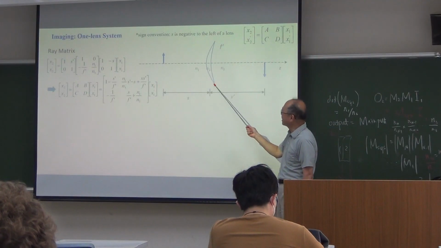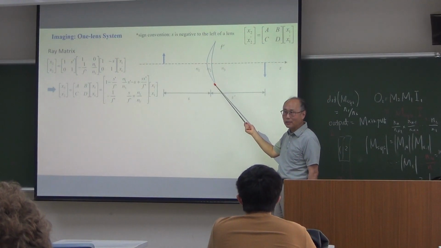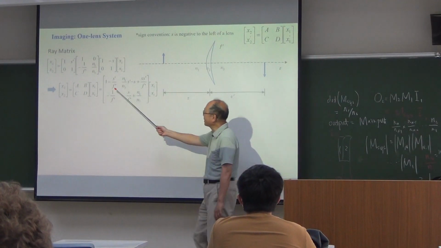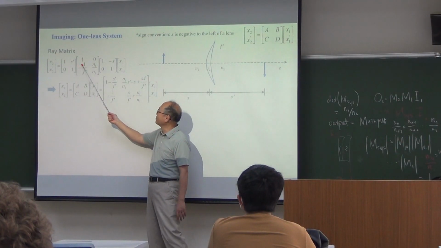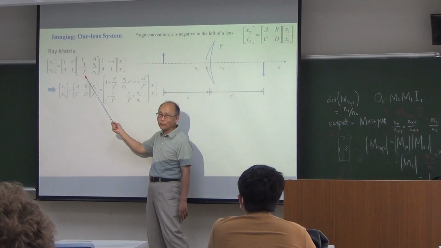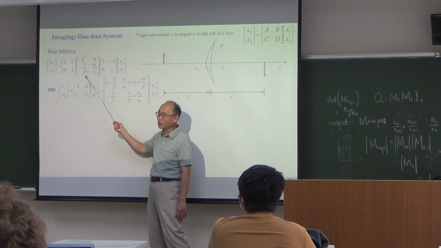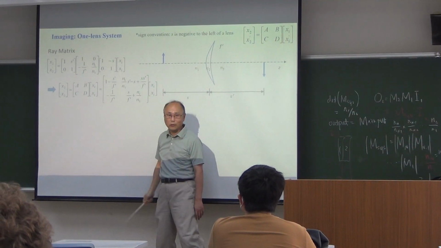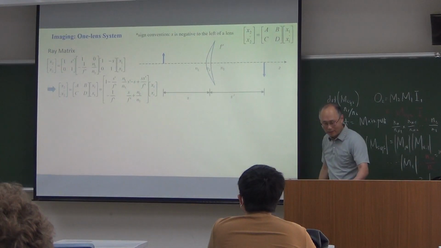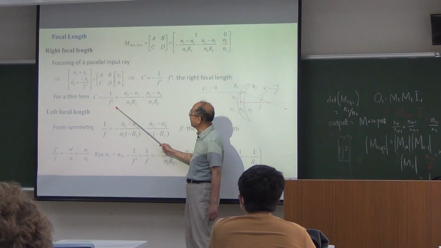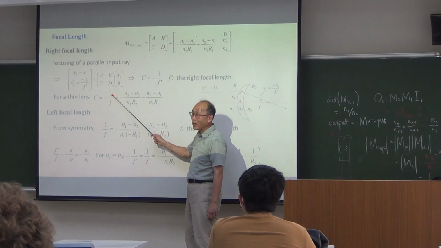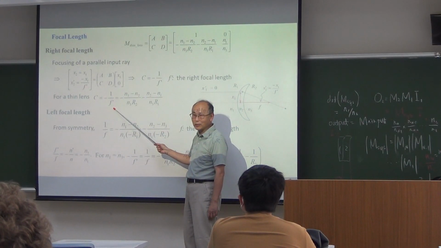And then the second matrix is the thin lens. We copy down the thin lens formula, and then you don't want to write a tedious expression for the element C, because you know this element C can be written as minus the inverse of the focal length.